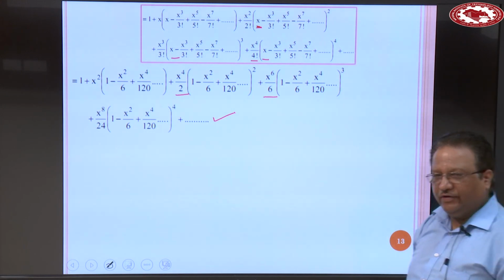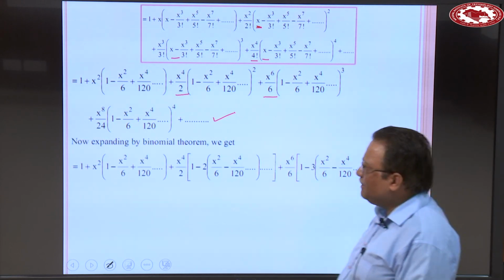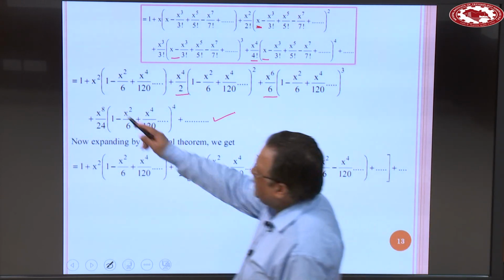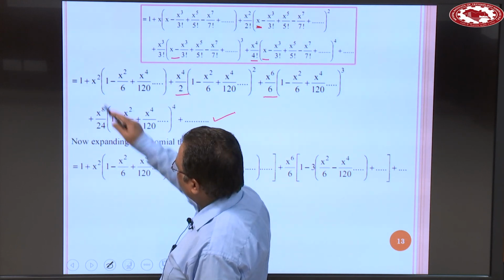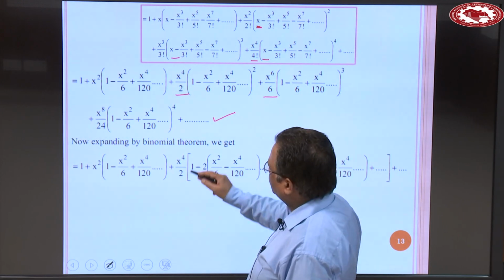Now we can apply binomial expansion. So expanding by binomial theorem, 1 plus x square, this term as it is, plus x square over 2 as it is.